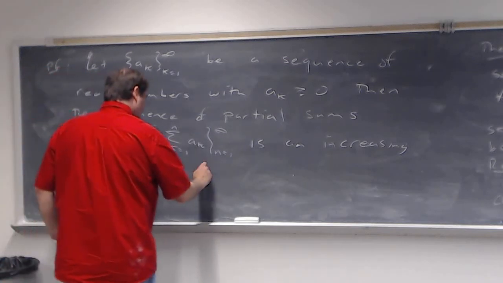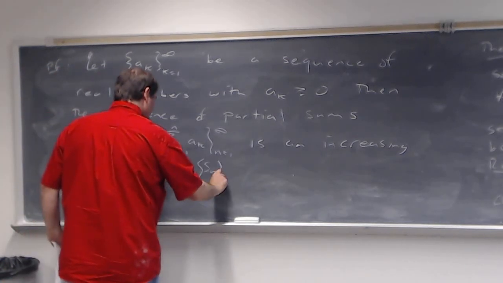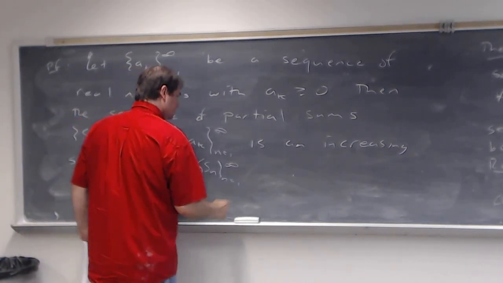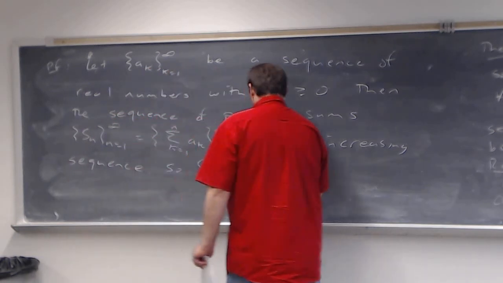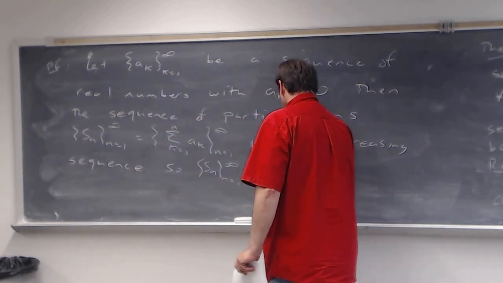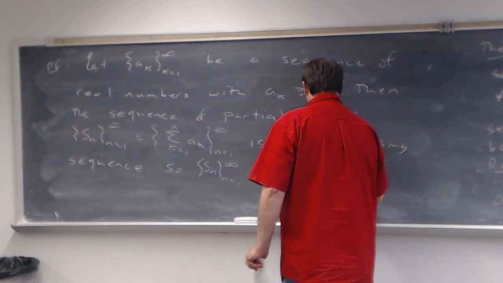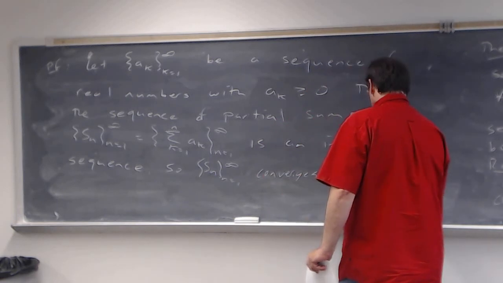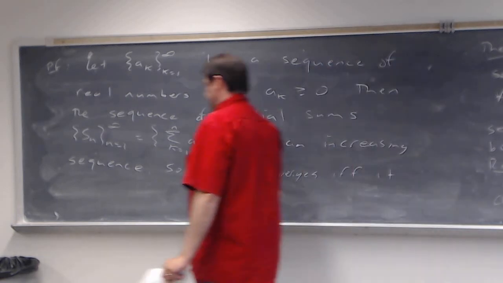So the sequence of partial sums is a monotone sequence. So it will converge if and only if it is bounded.